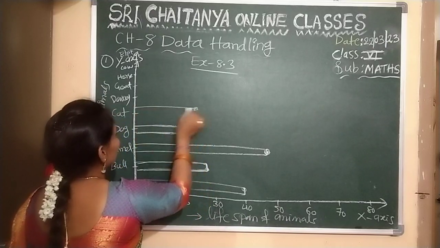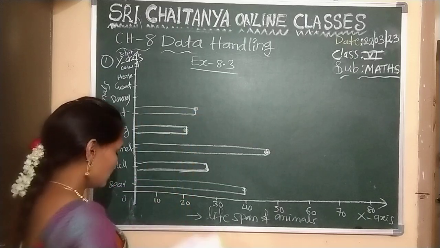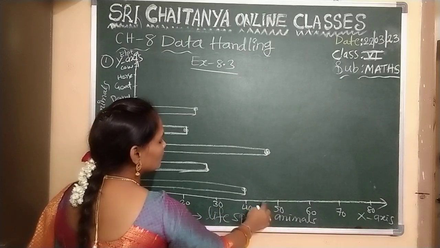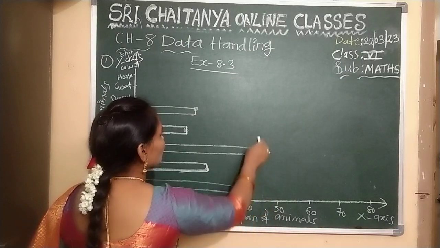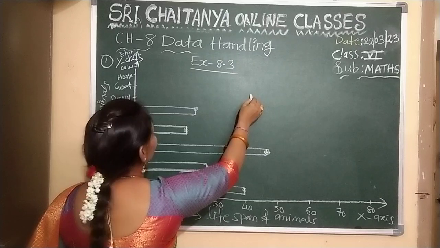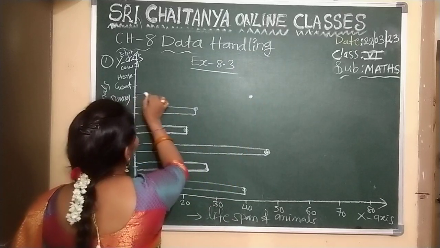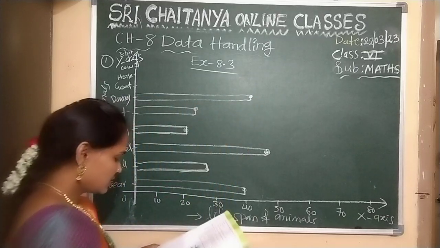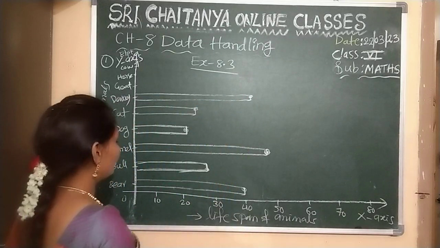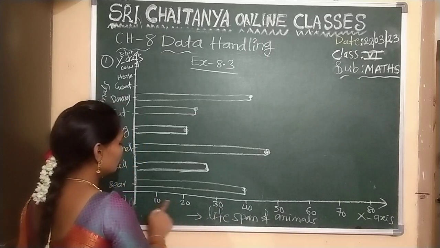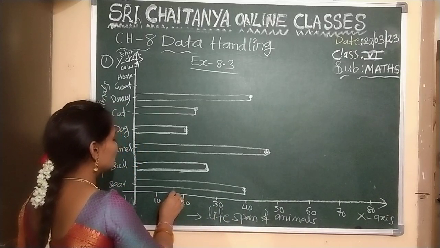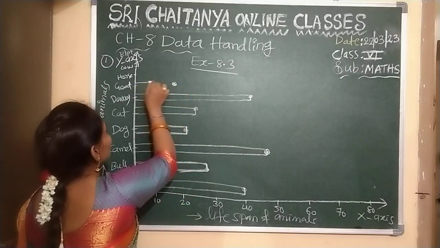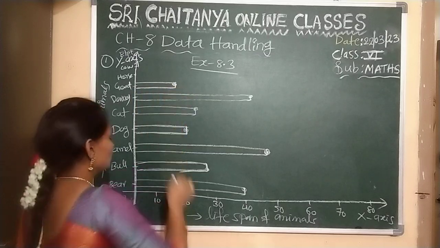Next is donkey, 45. Between 40 and 50 is 45, right? So from here donkey 45. Next is goat, 15 years. Between 10 and 20 is 15. So exactly between, goat 15 years.